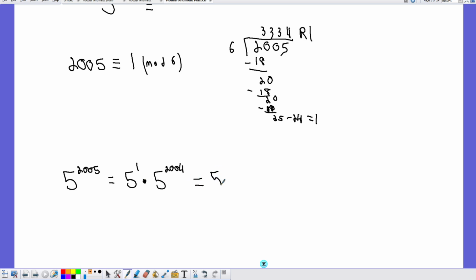And that 2004th power is a multiple of 6, like we saw earlier.